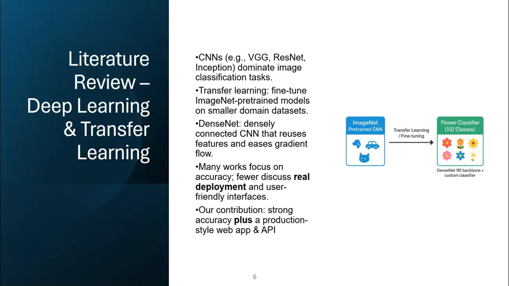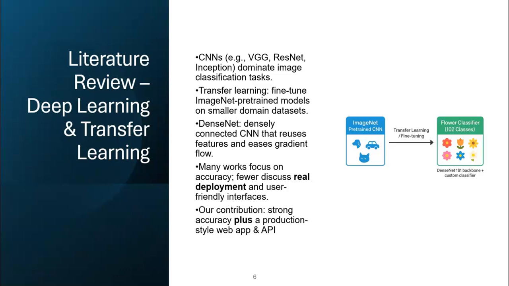Deep learning based methods analyze images thoroughly and accurately. CNN architectures like VGG, ResNet and Inception became the standard for image classification. Transfer learning is now the default strategy: start from a network pre-trained on ImageNet and fine-tune it on the target domain with less labeled data.